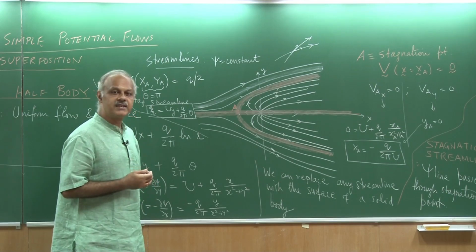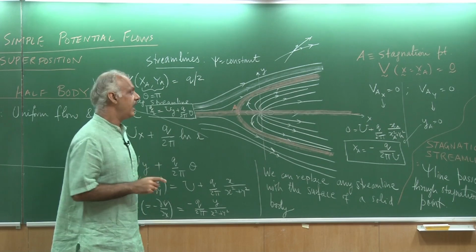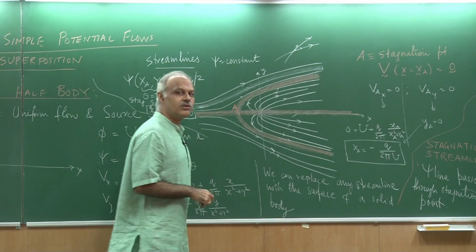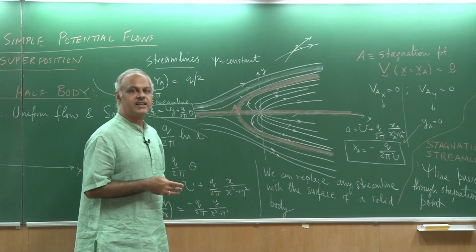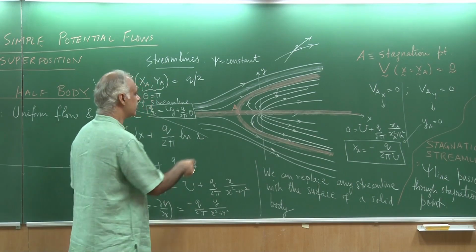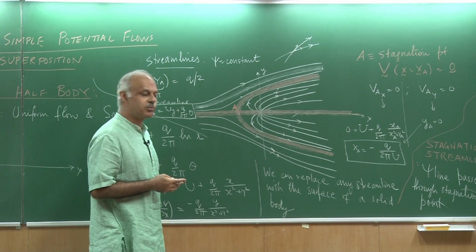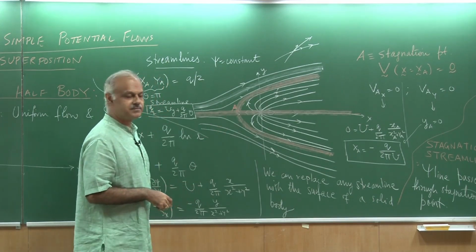So they cannot intersect unless it is a stagnation point. At the stagnation point, the velocity is 0, and a 0 velocity vector does not have a direction. So this point is a little bit special, and so is the case with all stagnation points, that the streamlines actually intersect there.